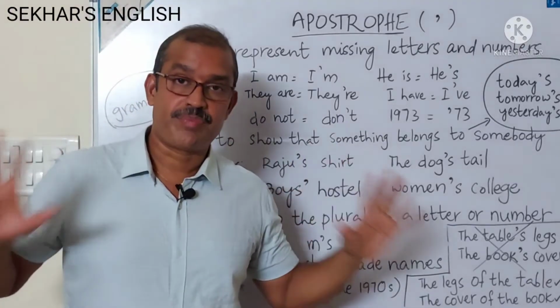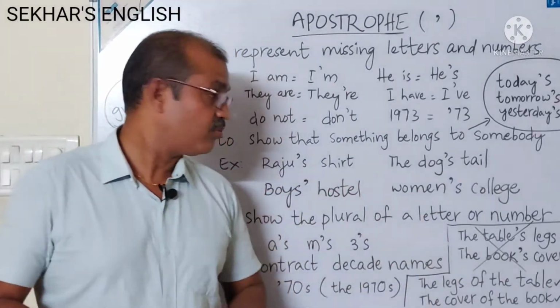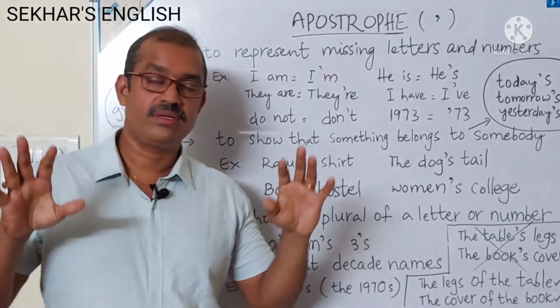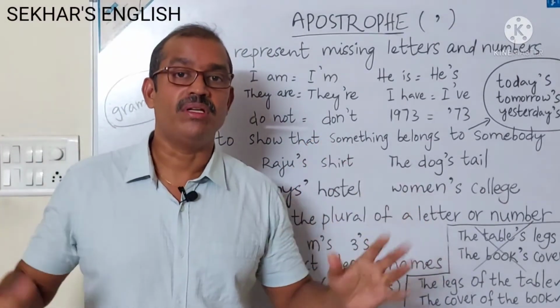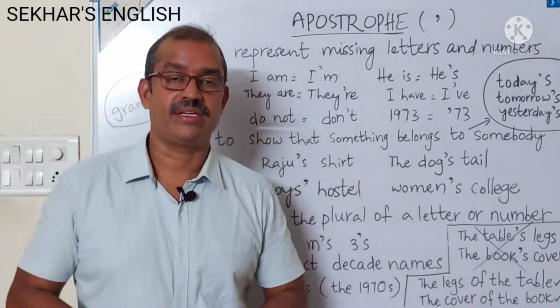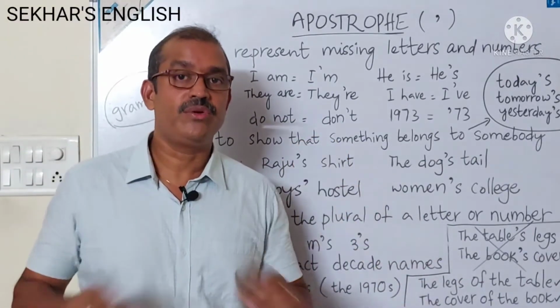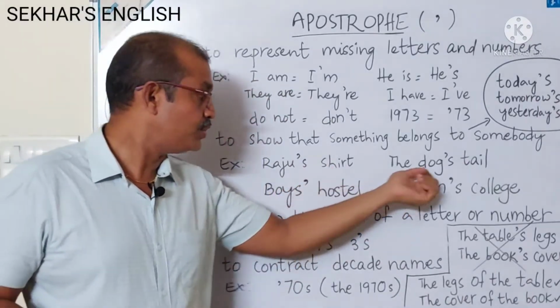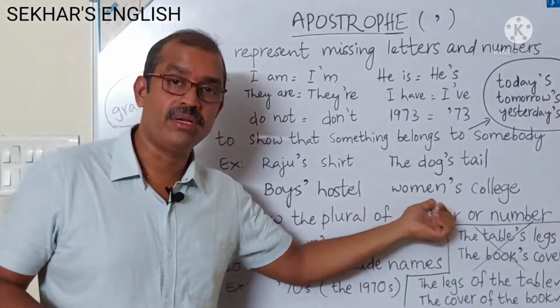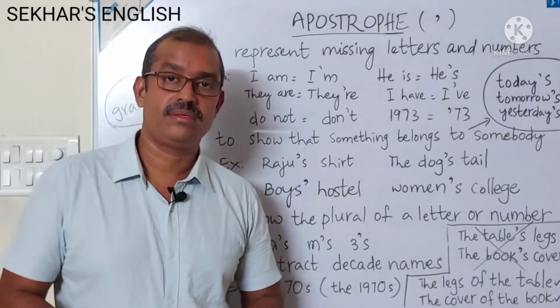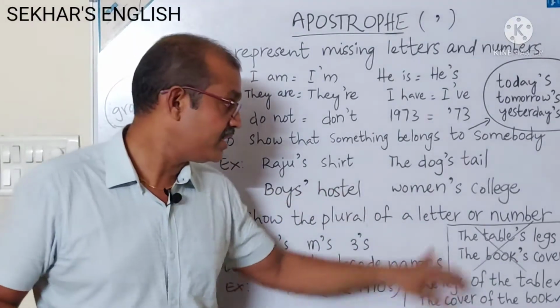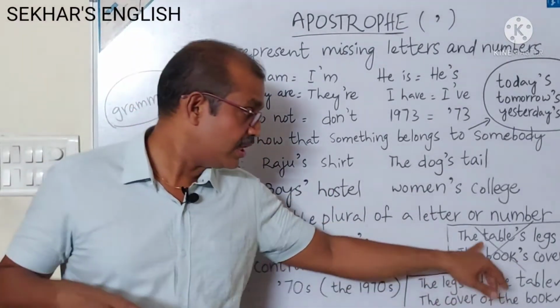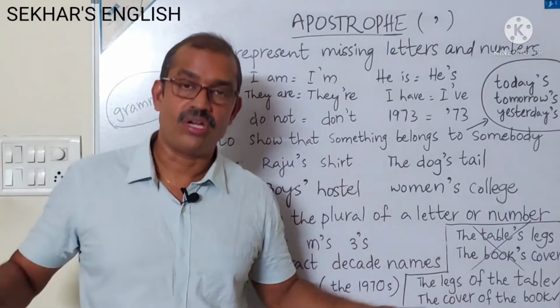Friends, but there is a special case, an exception. What is that? For example, you take a table, this is a non-living thing. Here Raju, dog, boys, woman, all are living things, but a table is a non-living thing.